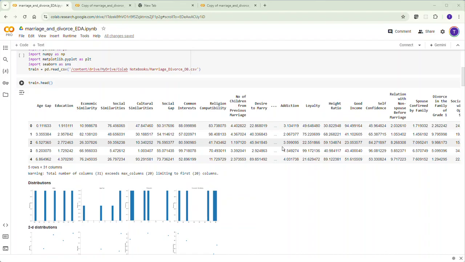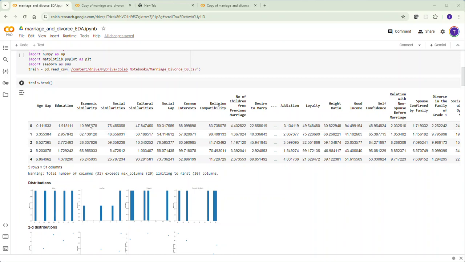And basically, what this is, it's trying to predict the probability of divorce based on different factors such as age gap, education, religion, desire to marry, things like that. And these are the probability numbers that are based on that information. So the probability of the age gap, depending on how broad the age gap or education is, the probability factors are here.